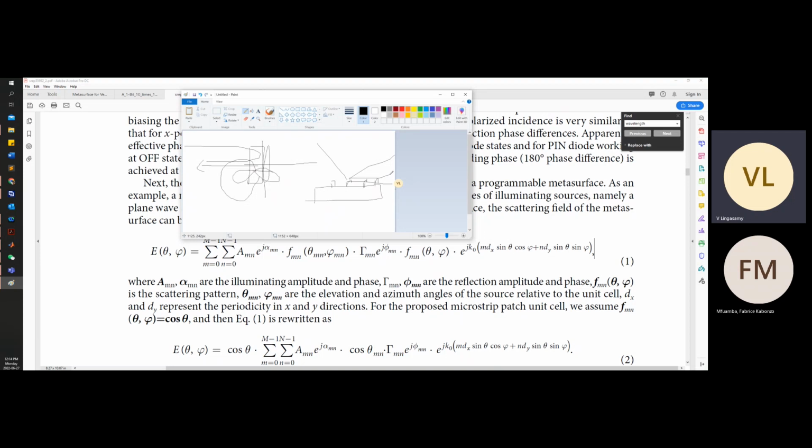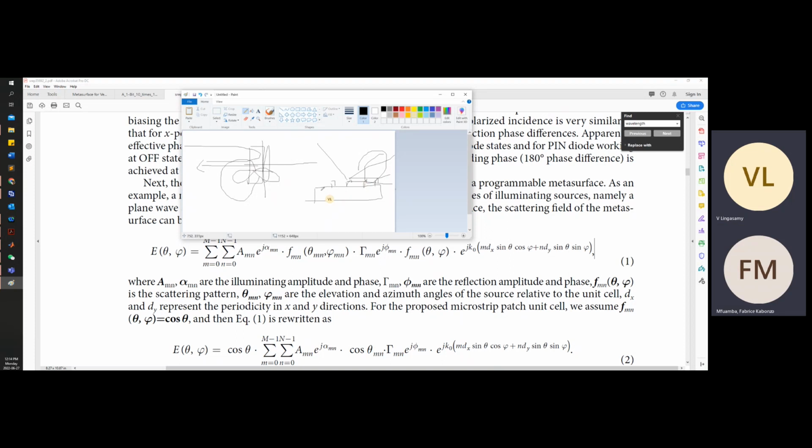There they explained how the velocity, the dielectric constant, the refractive index, affect the wavelength. So I can steer the beam in any direction that I want.